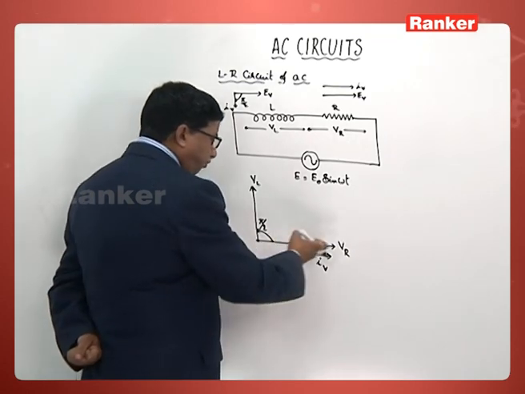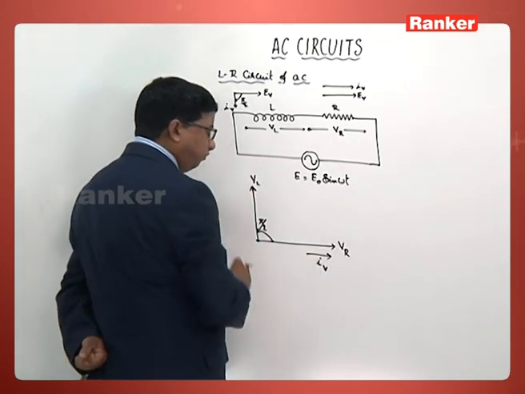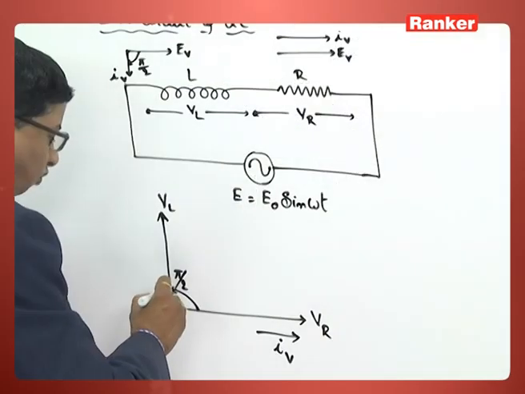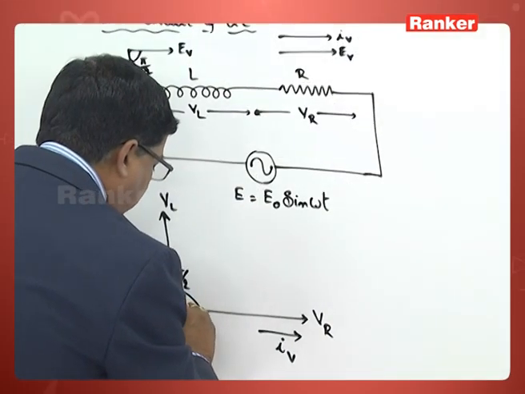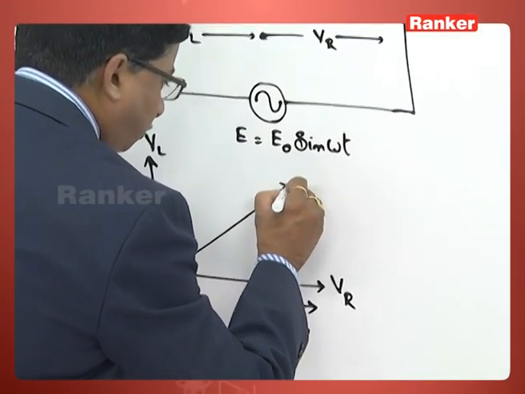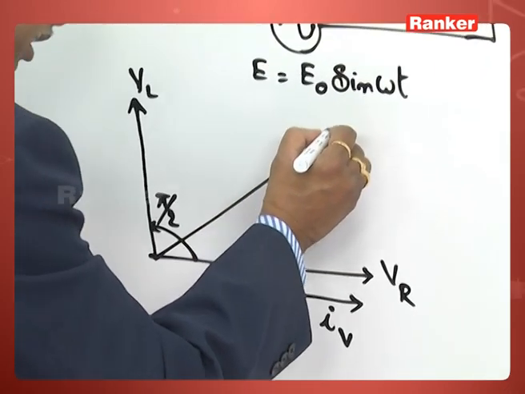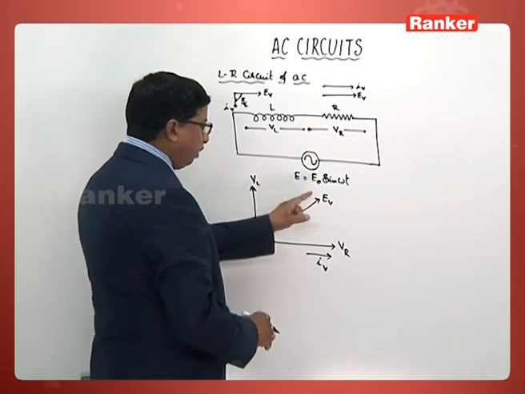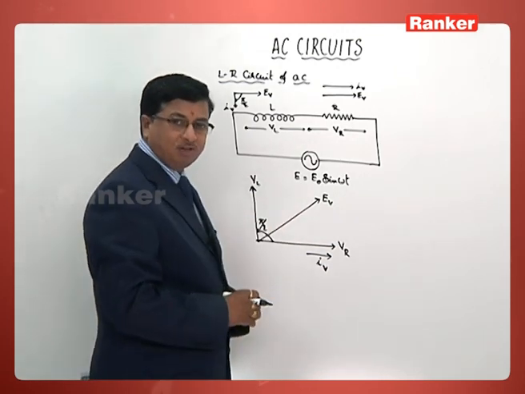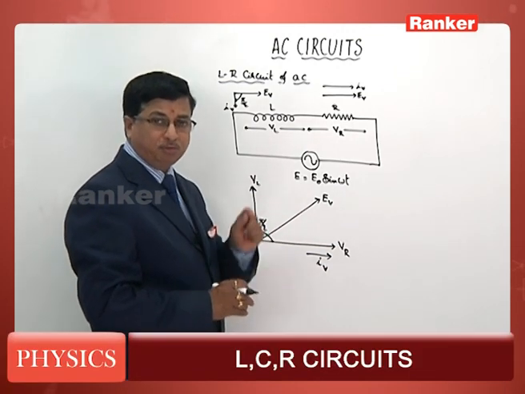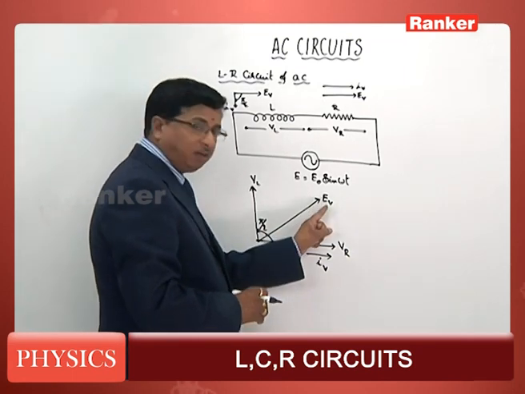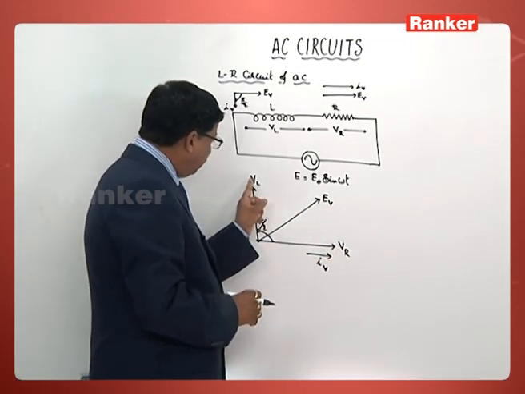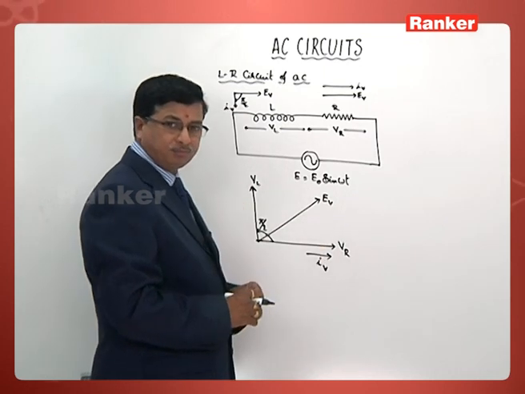When the direction of VR is like this and the direction of VL is like this, one can understand the resultant of these two will now be along this direction. That is what we should call the virtual value of EMF. That in fact is the resultant of these two values.